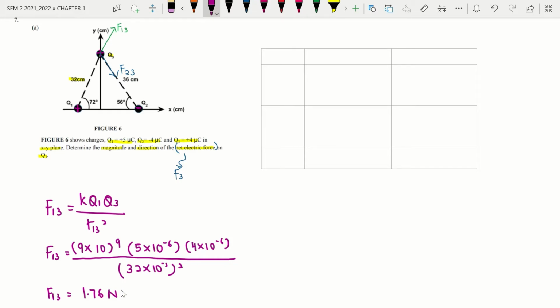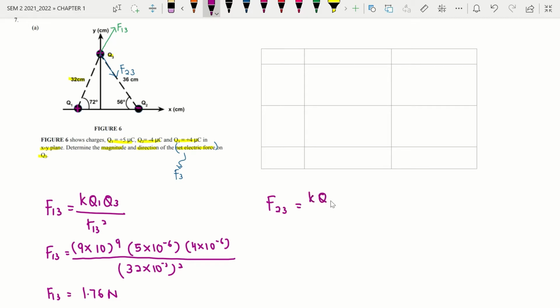Okay, so now we are going to calculate for force of charge 2 on charge 3.